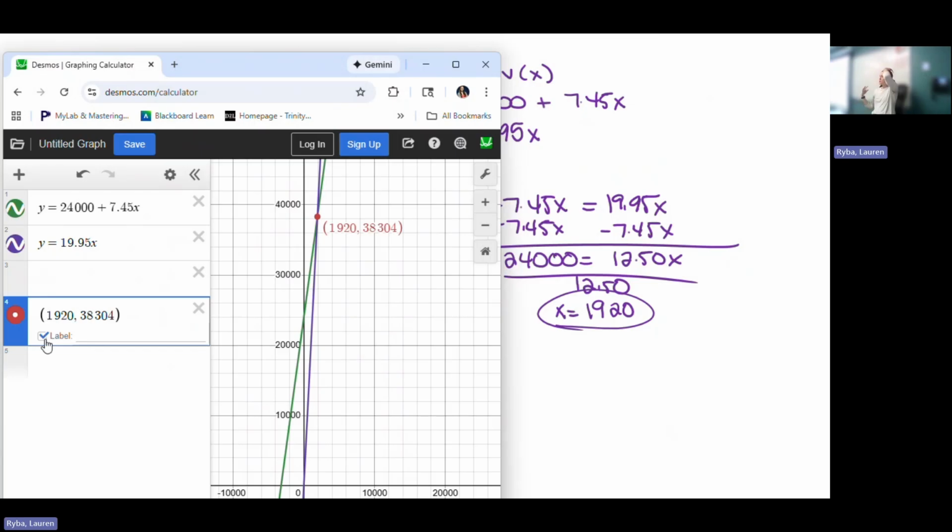So it's kind of nice. Desmos is really flexible like this. So if I said, hey, solve by graphing on a test, this would be a great way to do that. You have both equations listed, you have both lines shown, you have the intersection marked and labeled there. So you would literally just take a screenshot of this and you could upload it to that question on your test and say, there's my answer.